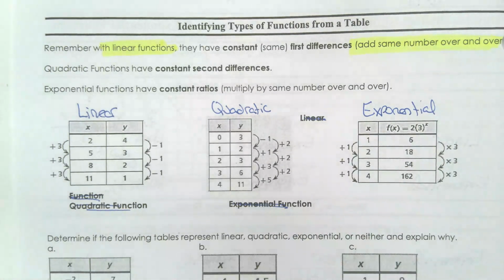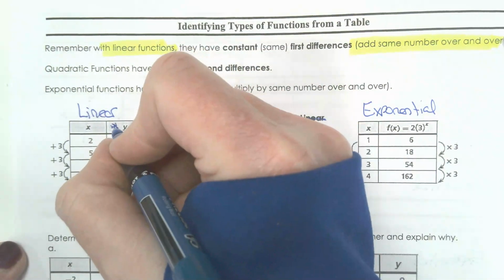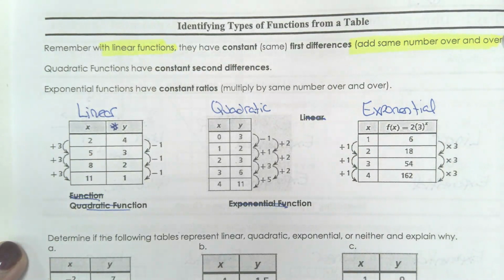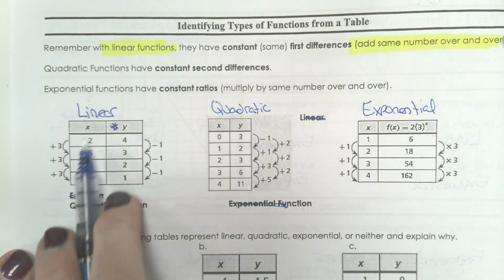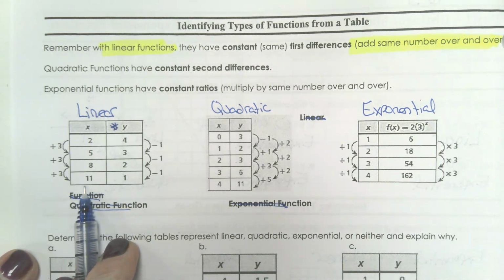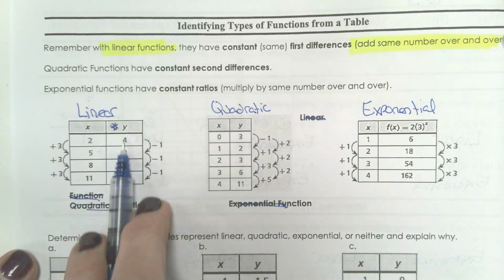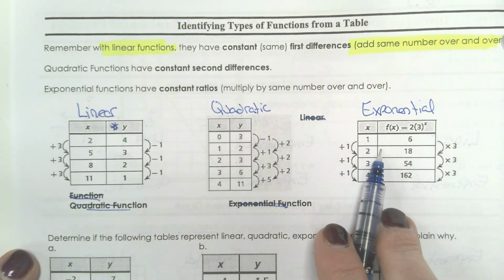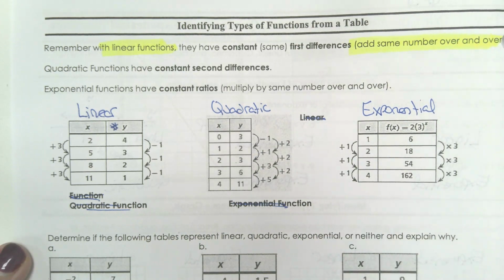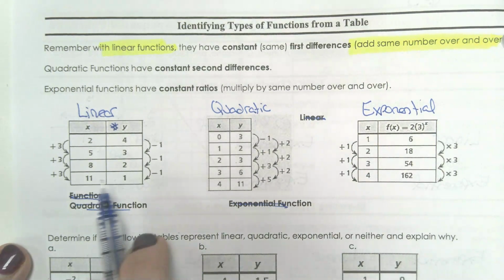That is the key piece right there. And we are generally just talking about the y's. The x's, they usually go up by 1, or in this case, they're each going up by 3. It is the y's in all of these that we care about. We don't so much care about what the x's are doing.